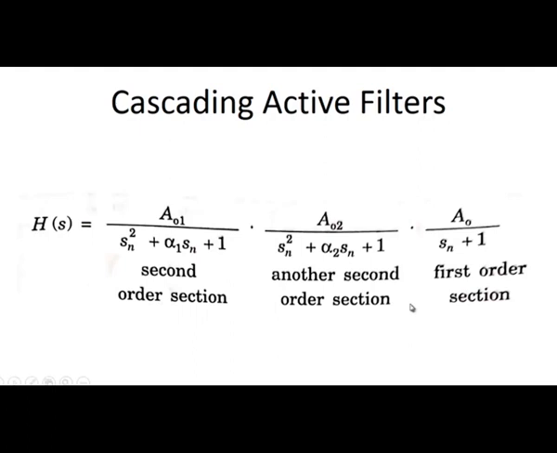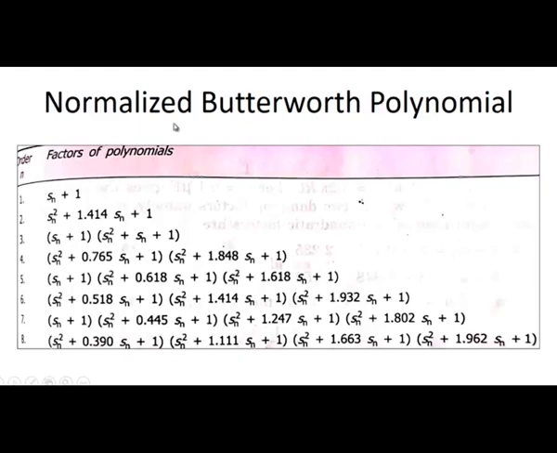filters are different. So, these are the normalized Butterworth polynomials in the denominator of the transfer function. So, this first column shows the order n, and these are the factors of the polynomial. If you look at order 1, the factor of the polynomial says that it is 1 plus Sn.